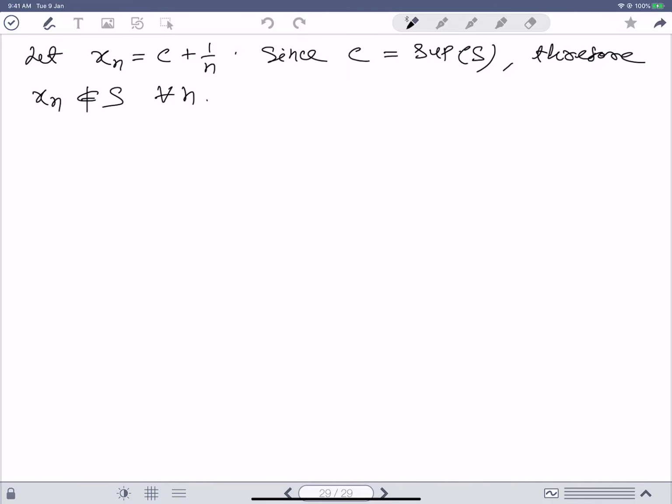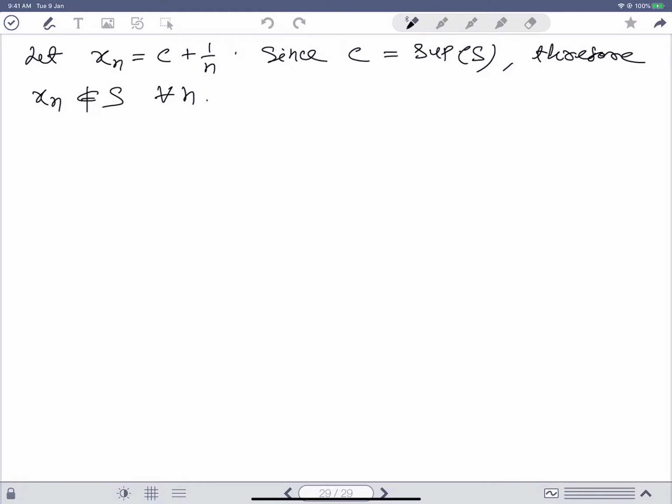Therefore f of xn is bigger than 0, if f of xn is well defined. So first of all, we have to show that f of xn is well defined, that is, xn belongs to the set [A, B].